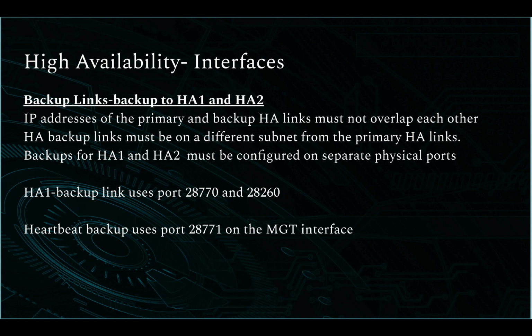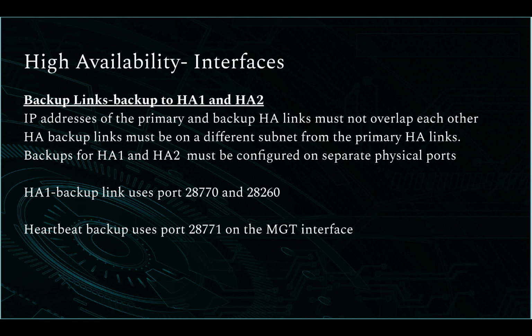For our backups, we're typically going to have to use one of our data interfaces as a backup. So we're going to have to burn one of those ports on the data side to make these backup links. But depending on your level of risk aversion, it makes sense to create backups for the HA1 and the HA2 links.